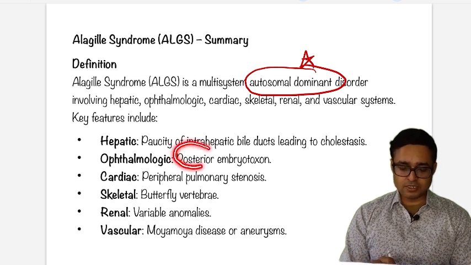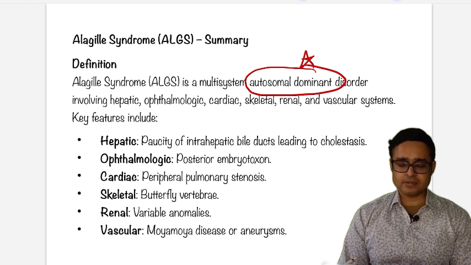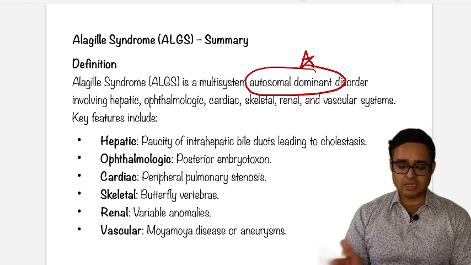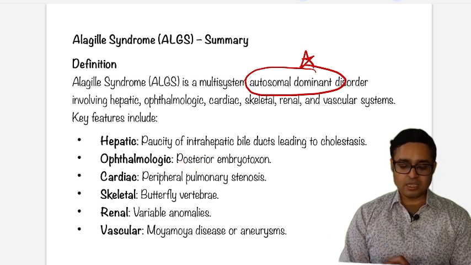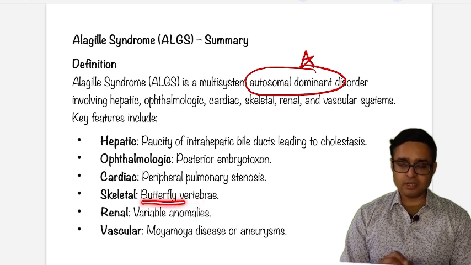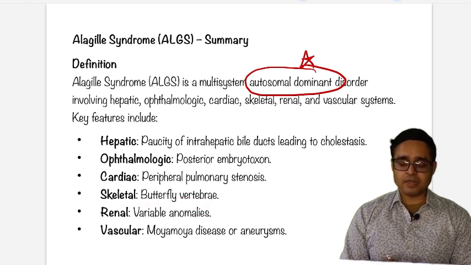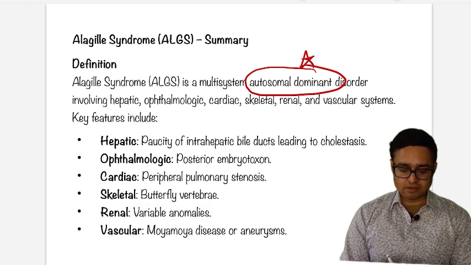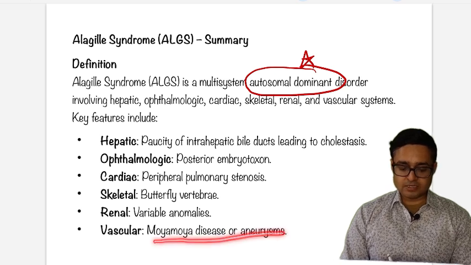Ophthalmological: posterior embryotoxon. We'll discuss later what embryotoxon is, but posterior is important. Cardiac: peripheral pulmonary stenosis, again very important. This is peripheral. Skeleton: butterfly vertebrae. Renal: variable anomalies. Vascular: moyamoya disease or aneurysm.